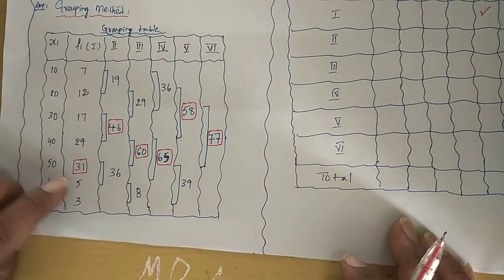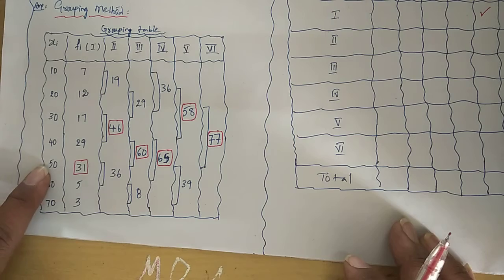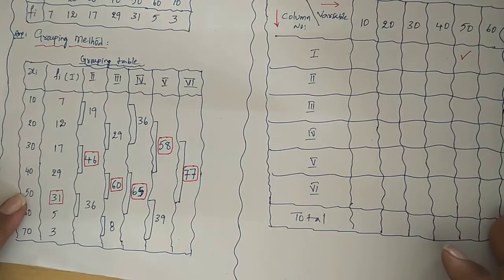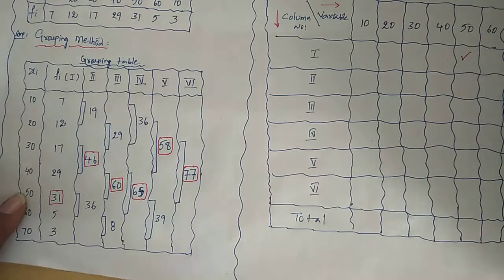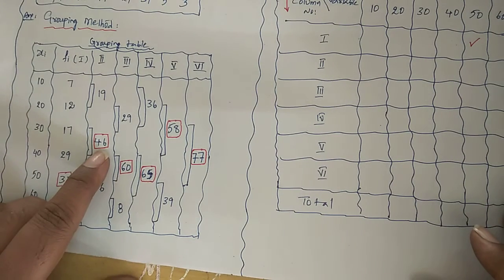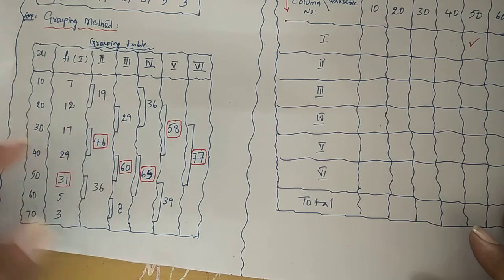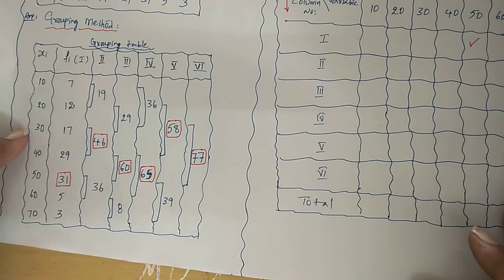So first column, highest frequency 31, which represents variable value 50. Hence what I put here, under 50, a single tick mark. Now come to the second column. Under second column, the highest frequency is 46. 46 represents which total? 17 and 29. The 17 and 29 again represent which variables? 30 and 40.